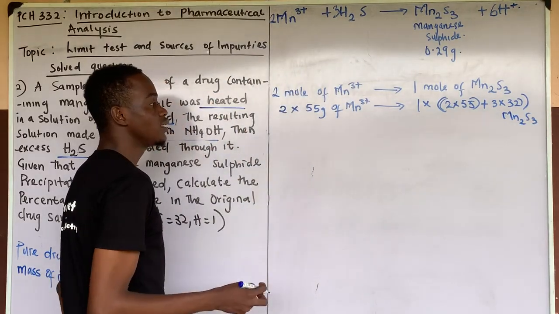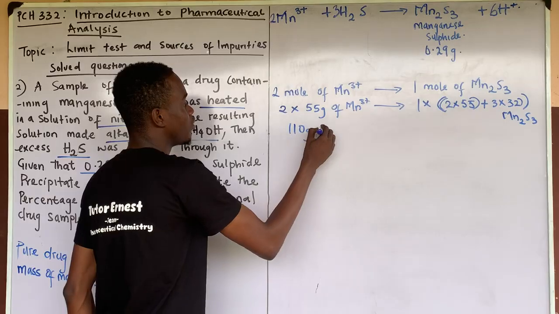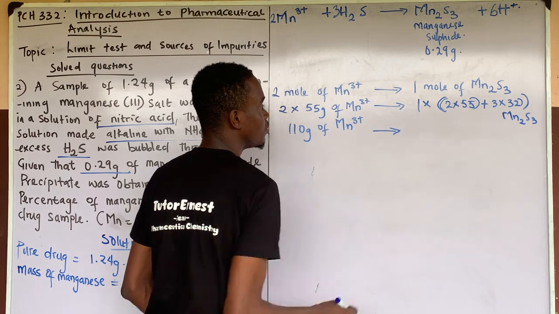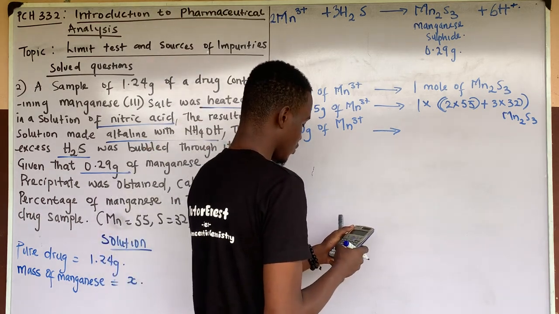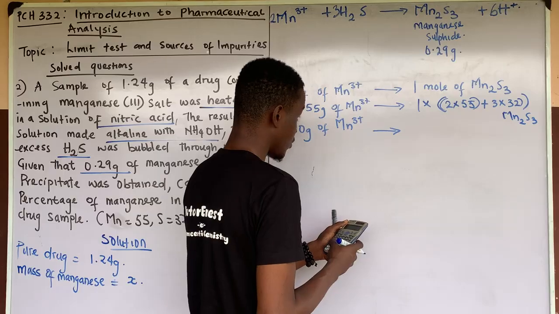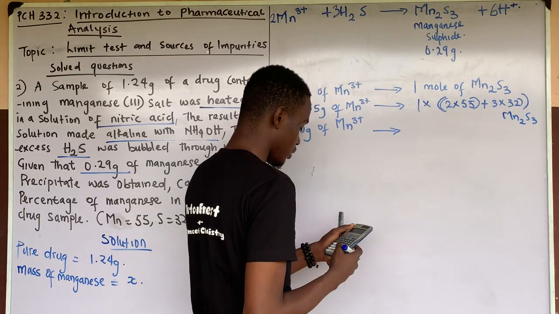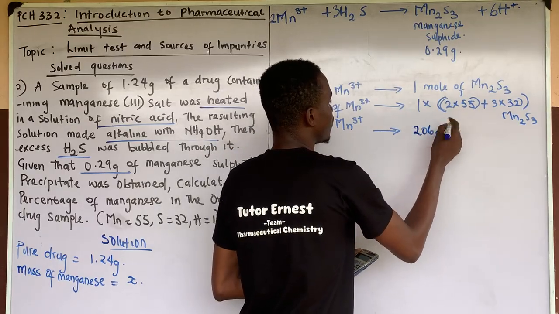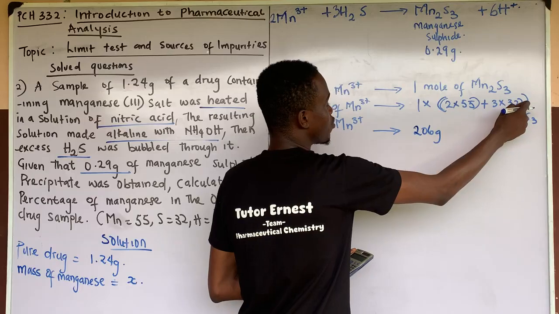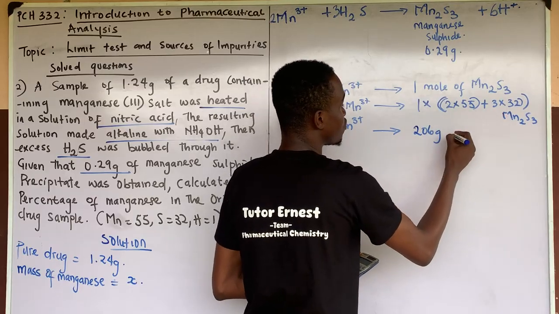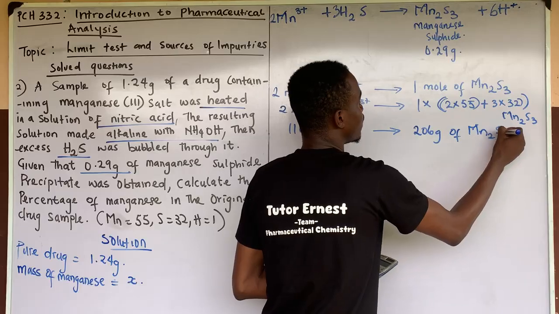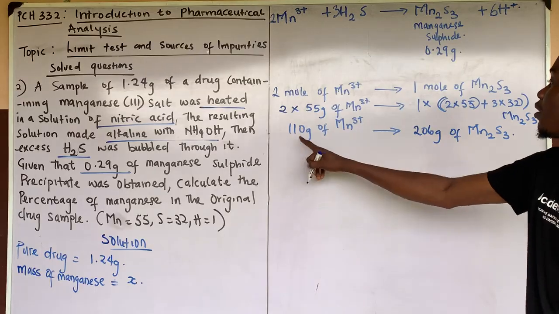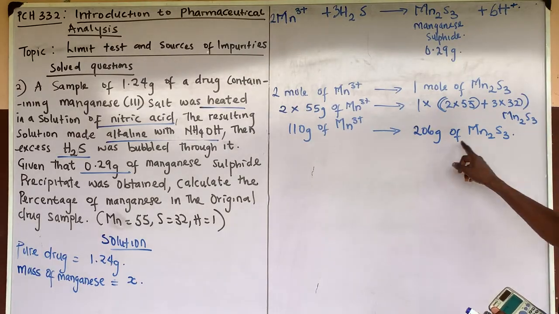So calculating this, 2 times 55 is 110 gram of manganese ion. Now let's calculate the mass number of the sulfide: that's 206 gram. 1 times 206 gives 206 gram of manganese sulfide. Now, we've gotten that 110 gram of manganese ion will give 206 gram of manganese sulfide.